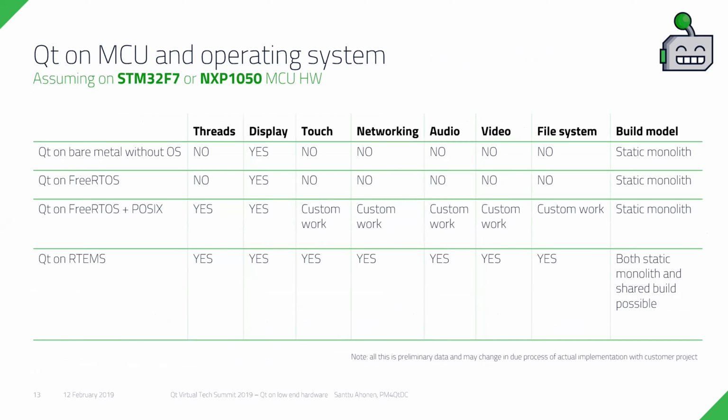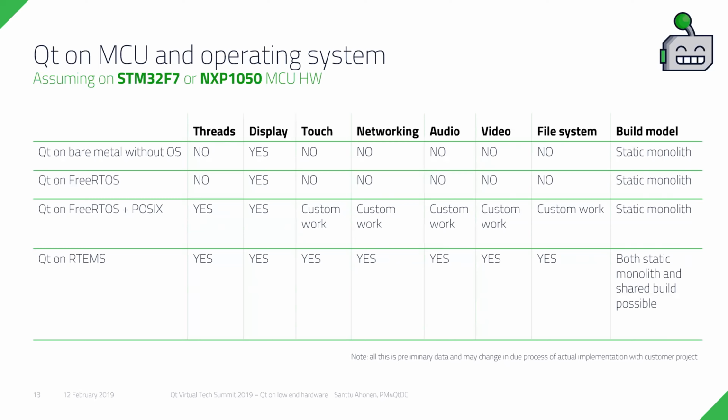Anytime you flash the device with a new version of your application, you deliver everything into the device. We can also support FreeRTOS. Vanilla FreeRTOS is going to be at the same level of feature support as we see with bare metal.